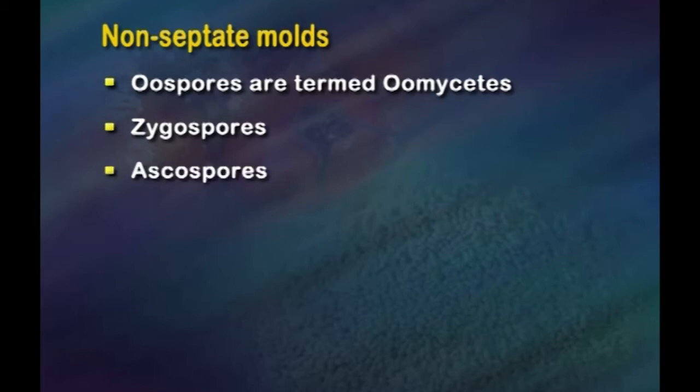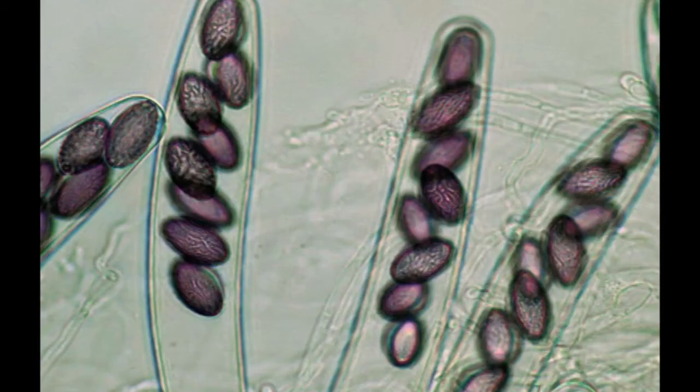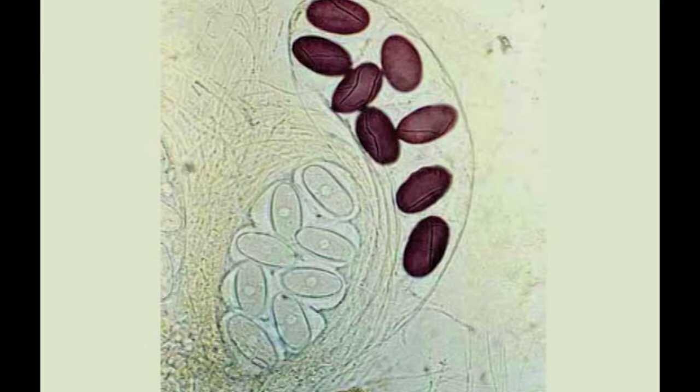Ascospores, the third one. The ascomycetes, which are septate, form sexual spores known as ascospores, which are formed after the union of two cells from the same mycelium or from two separate mycelia. The ascospores resulting from cell division after conjugation are in an ascus or sac, with usually 8 spores per ascus.